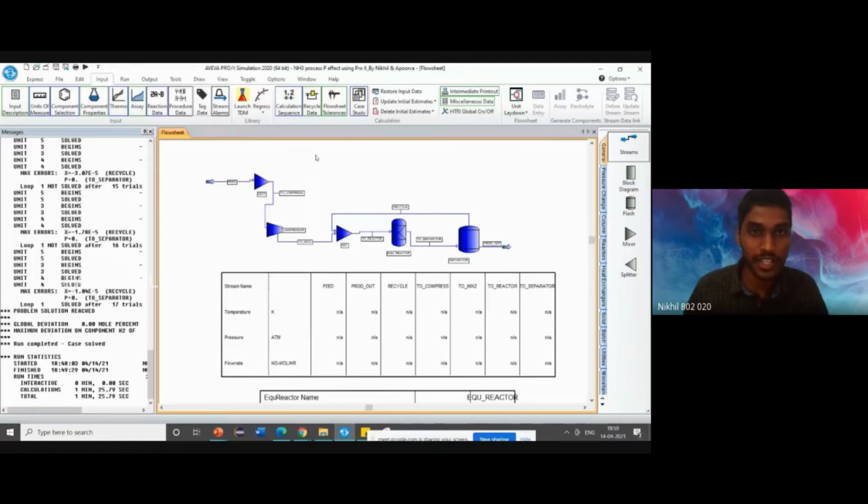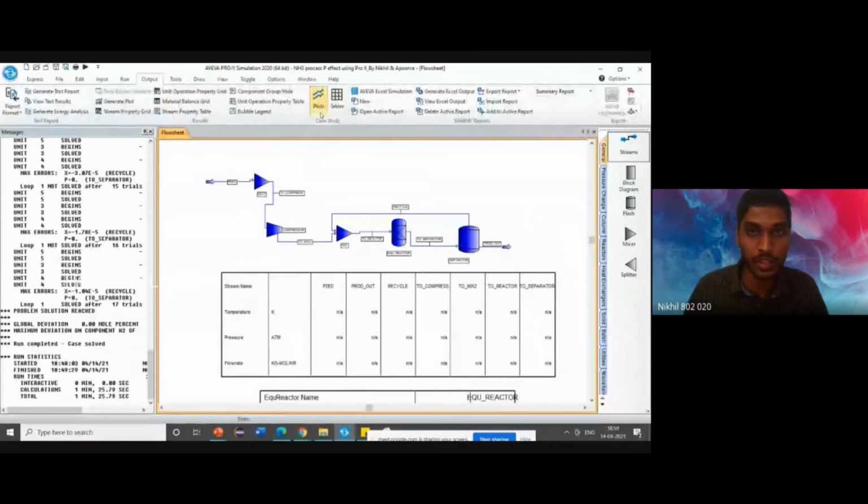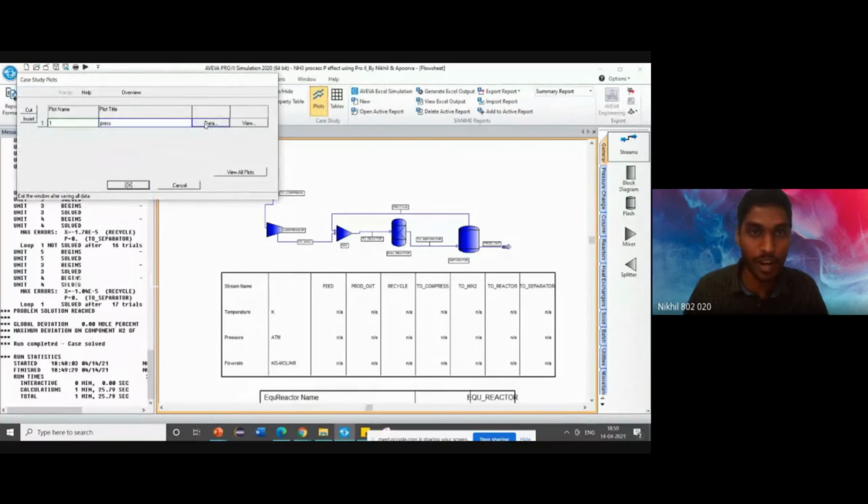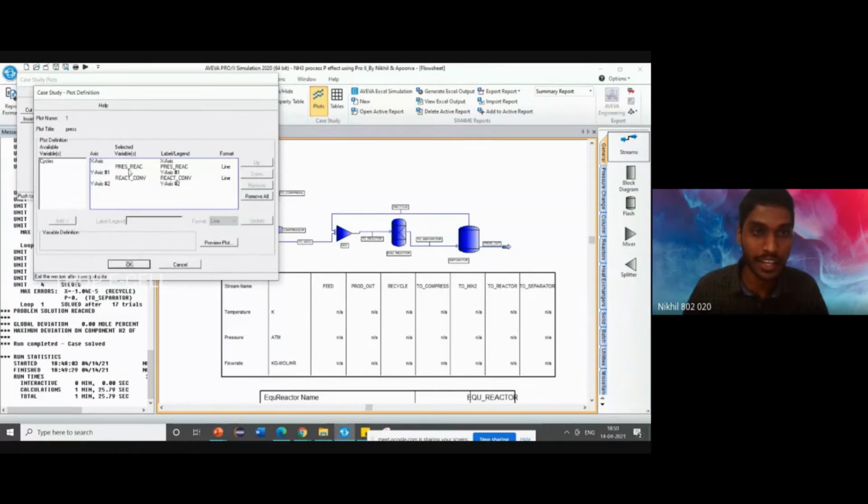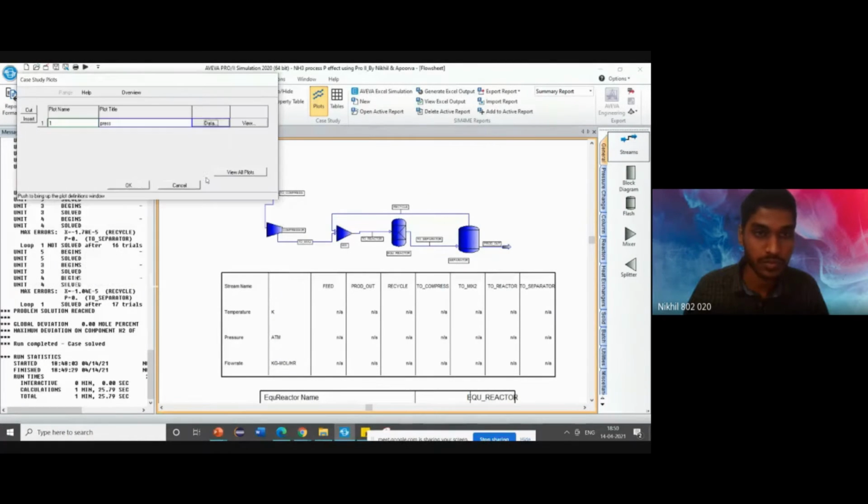So we use the case study feature, and in the output you'll be able to see the plots. As you can recall from Triveni's presentation, we defined the x-axis as reactor pressure, and the y-axis as reaction conversion.